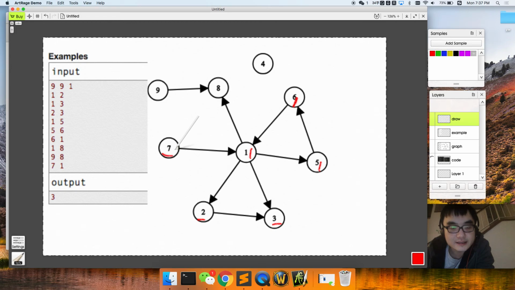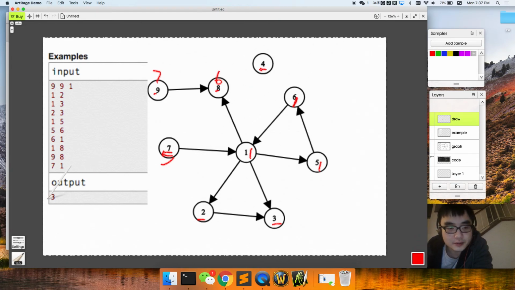This guy is SCC4. This guy is SCC5. This guy is 6. This guy is 7, right? So all of these numbers are SCCs now, right? And we have 7 SCCs in this graph.